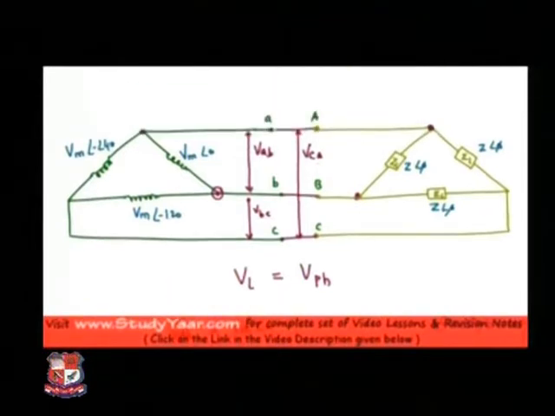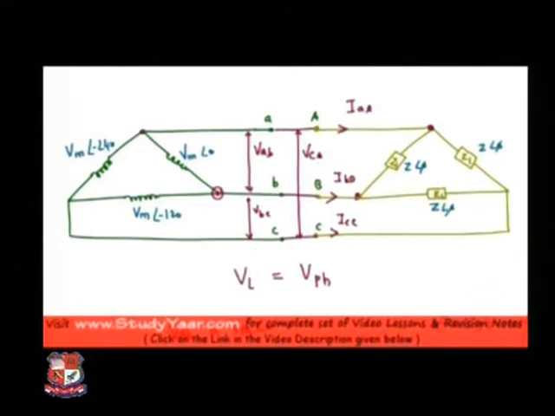Now let's look at my current quantities. Let's say this is my line current IAA, this is my line current IBB, this is my line current ICC.